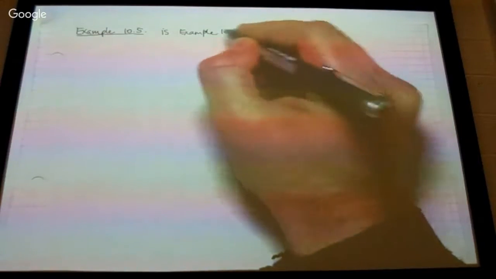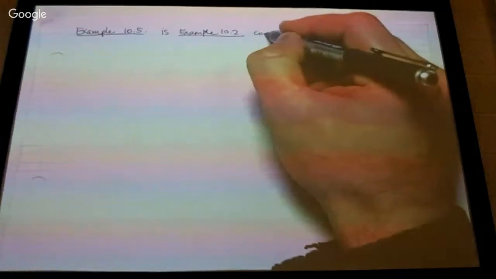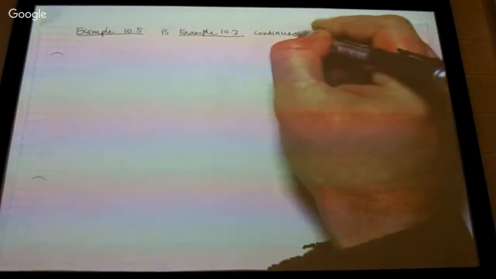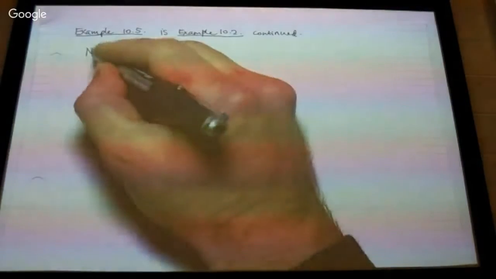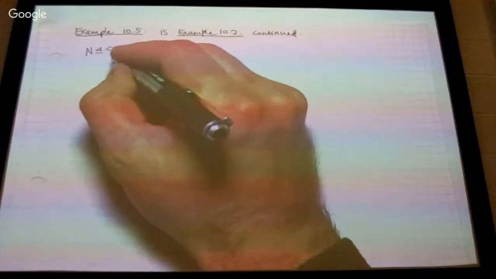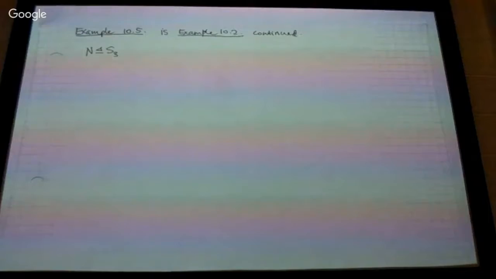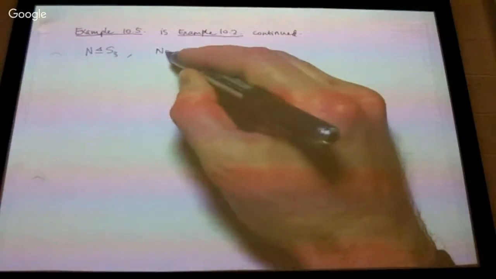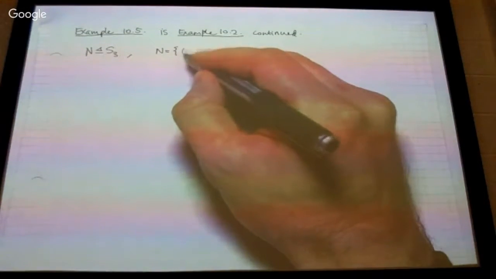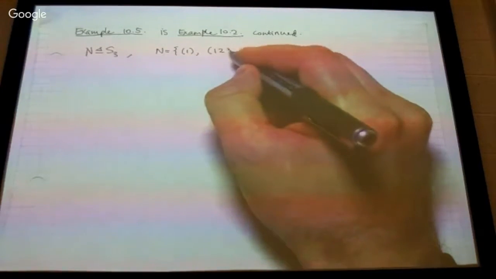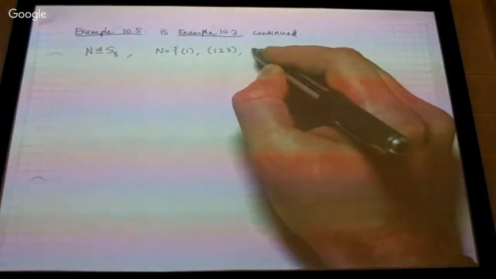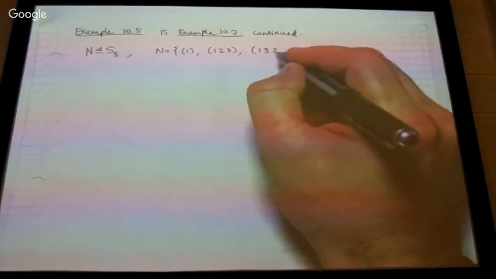Okay, so example 10.5 really is example 10.2 from yesterday, continued. And what was example 10.2? It was the normal subgroup of S3, which was the identity, the 3-cycle (1 2 3), and the 3-cycle (1 3 2).